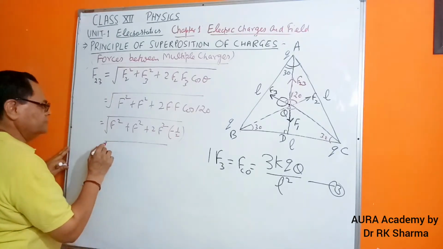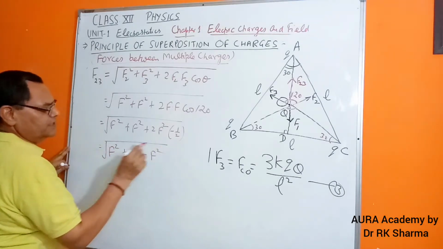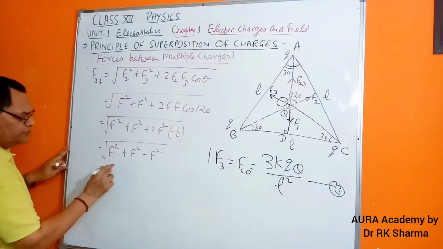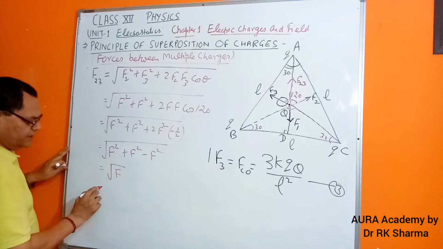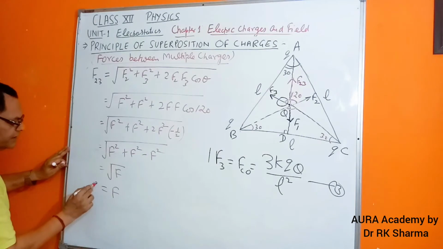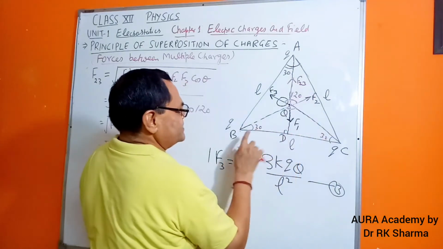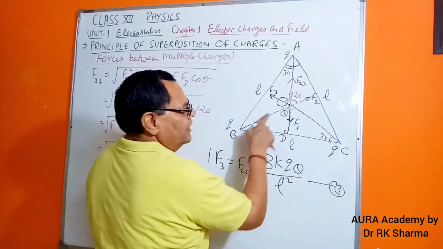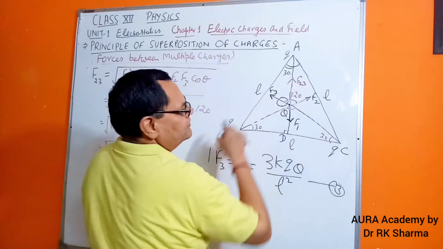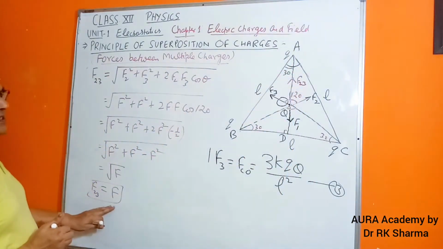So we have F square plus F square minus F square, so one F square gets cancelled and you are left with only root F square. So the final answer is F, just equivalent to any one of the forces. Meaning, the resultant of these two forces, the force exerted by the charge at B on O and the force exerted by the small q charge at C on O, is F23 equal to F.